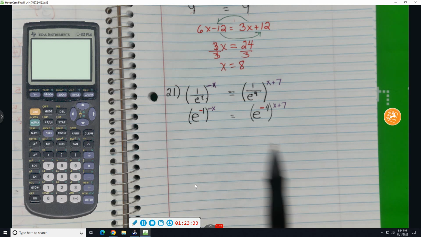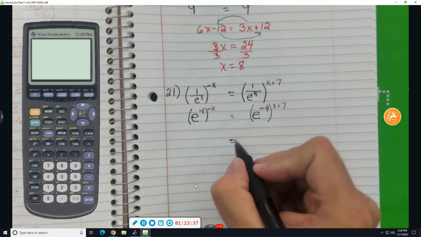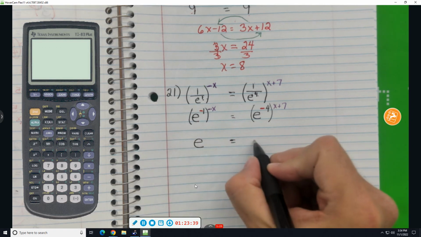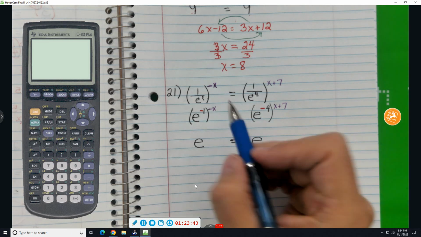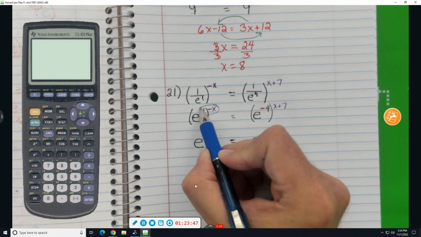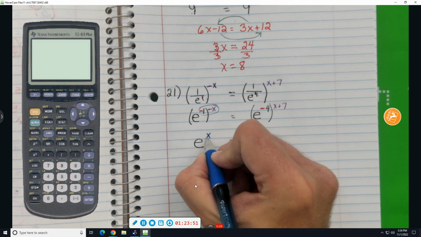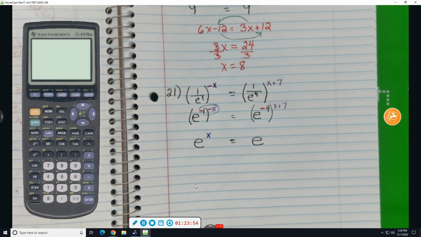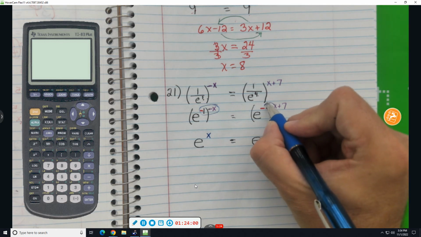Now we're ready to get rid of the parentheses. We're just going to have e equals e with no parentheses. To get rid of the parentheses, you multiply the exponents. Negative 1 times negative x, that's just going to be an x there. And then it's going to be negative 4x minus 28.